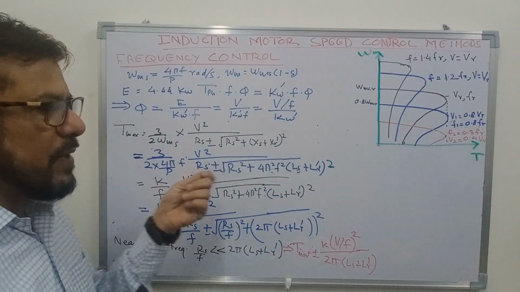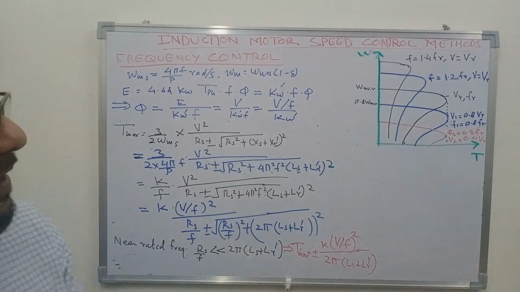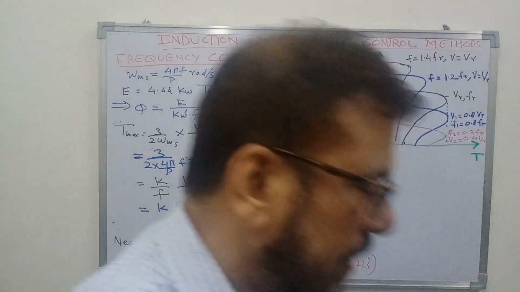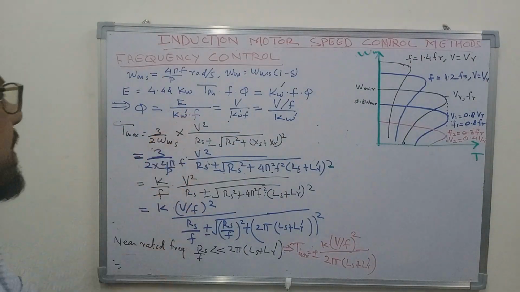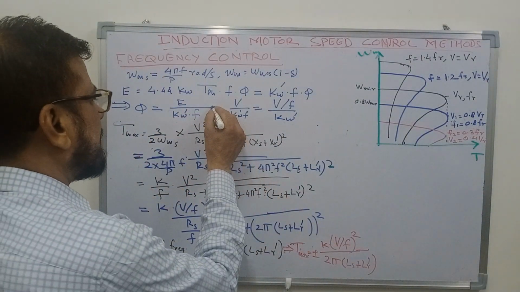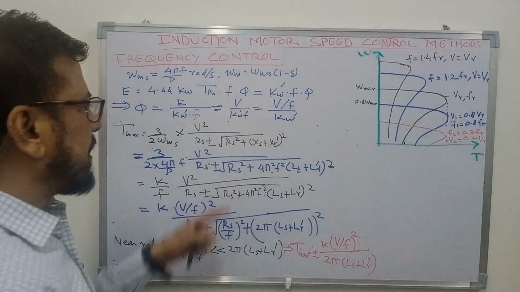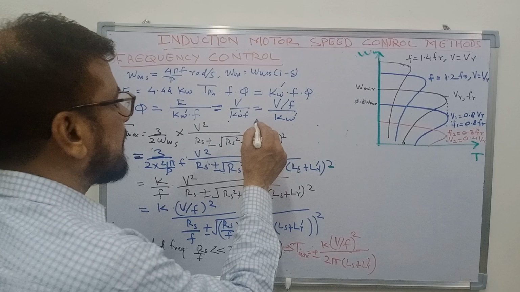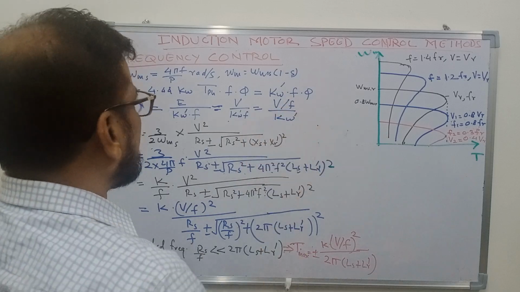It will be V minus some drop in the stator winding. So if we ignore that voltage drop, then you can write that this is equal to V upon kw dash f approximately. So this is equal to V upon f upon kw dash.